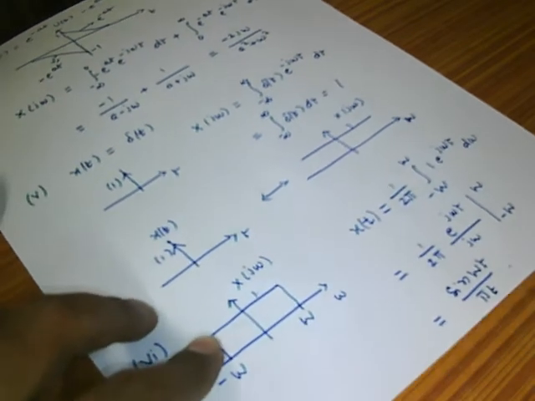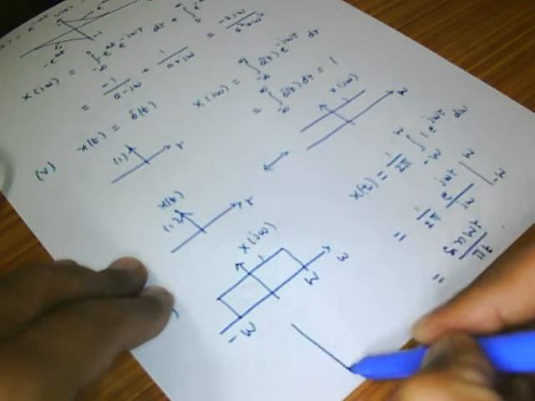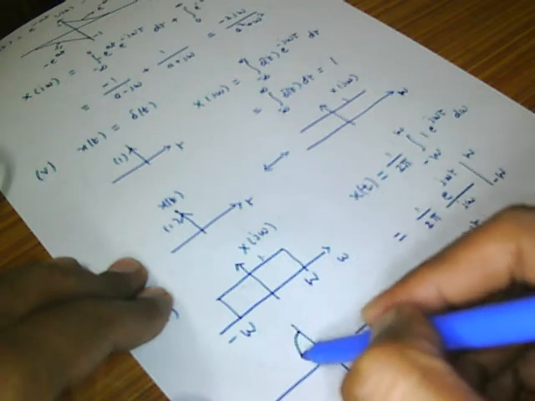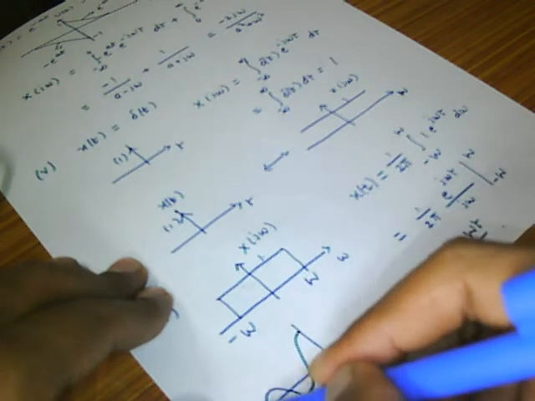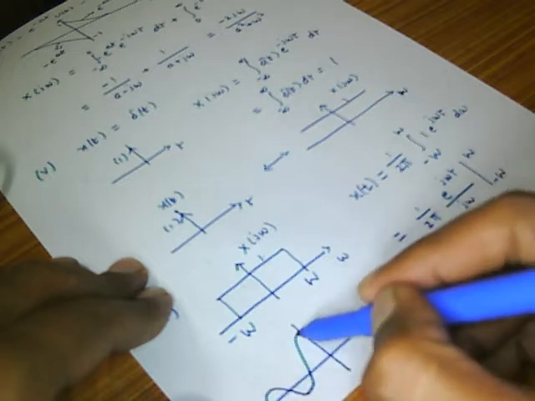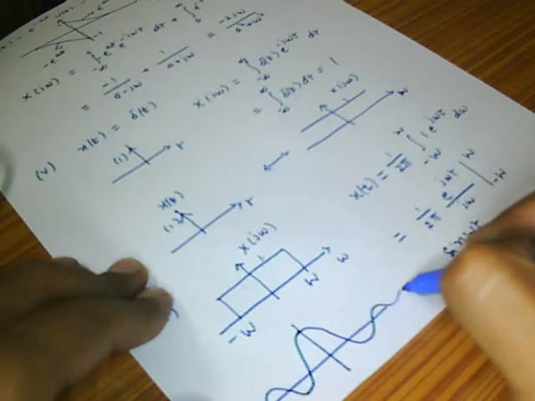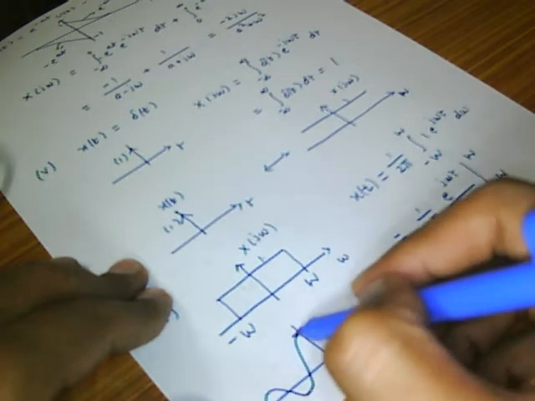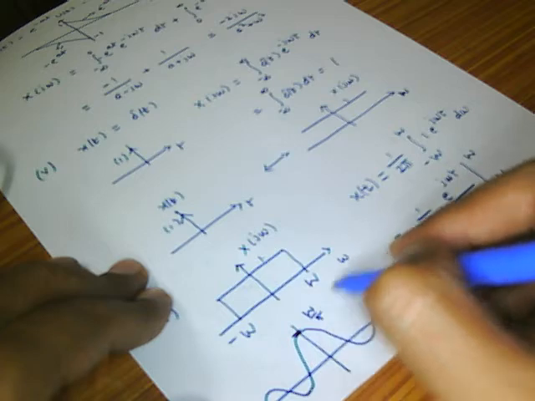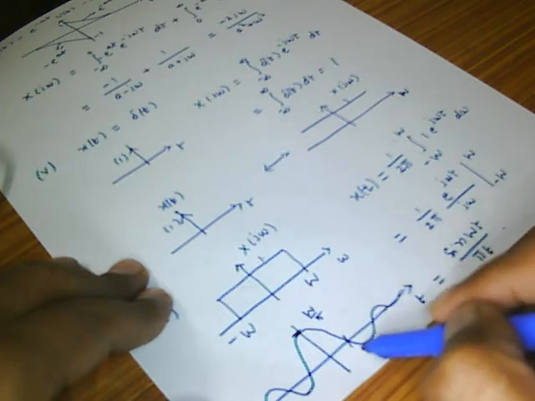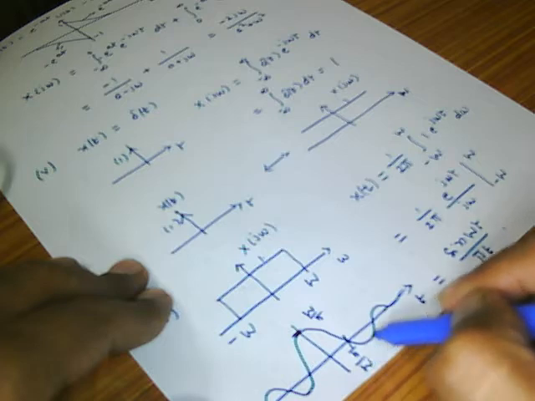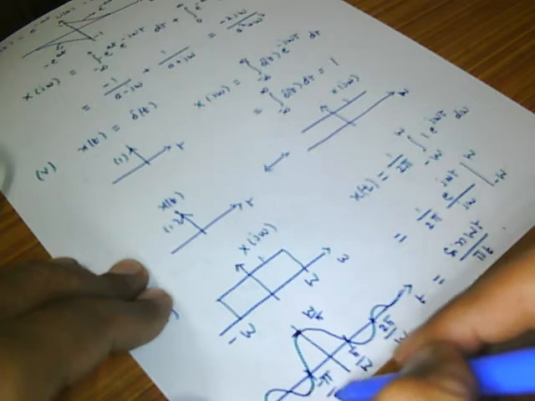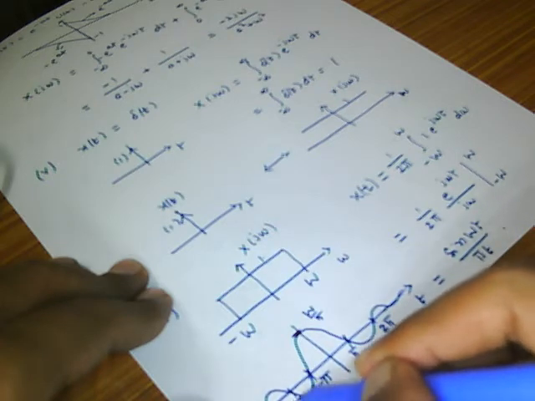So the plot of which will look something like this. So amplitude will be w by pi, and these limits will be pi by w, 2 pi by w, minus pi by w, and minus 2 pi by w, and so on.